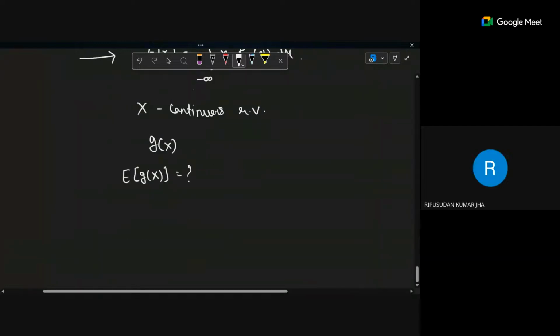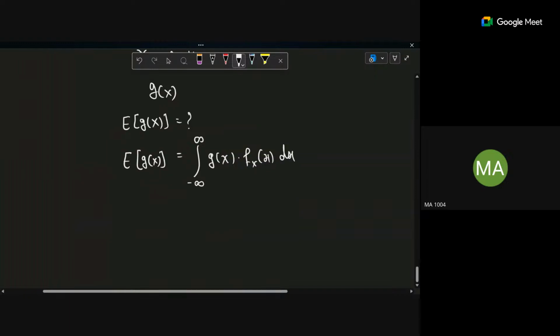Integration from minus infinity to infinity of g of x into fX of x dx, or over the support of x. Exactly. So this is how we find the expectation of g of X.